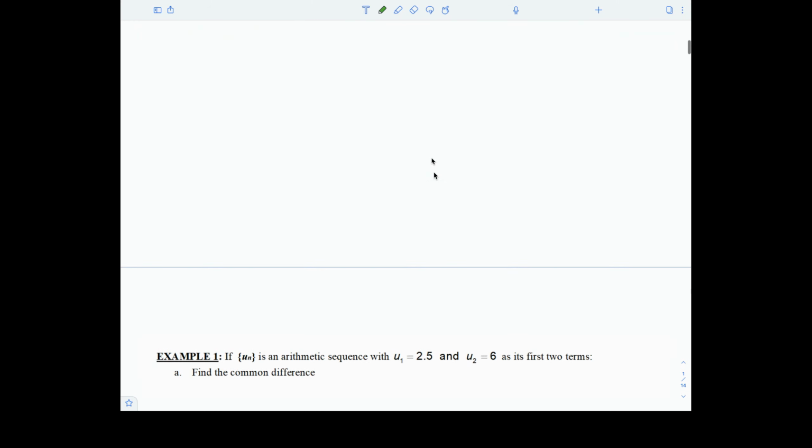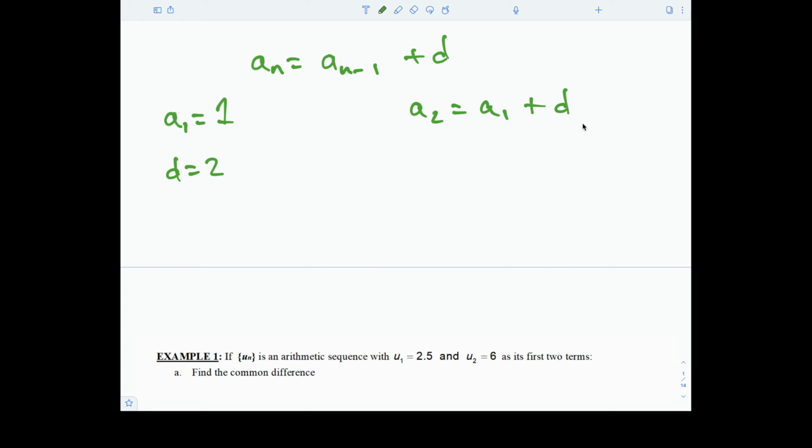So again, let me rewrite this. Given a sub n equals a sub n minus 1 plus d, if I tell you a1 is 1 and d is 2, then let me write it out formally. It would be a2 equals a1 plus d, or maybe even more formally, a sub 2 equals a sub 2 minus 1 plus d, because if n is 2, this is 2 minus 1.